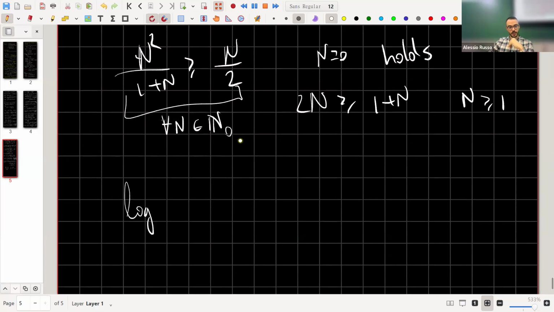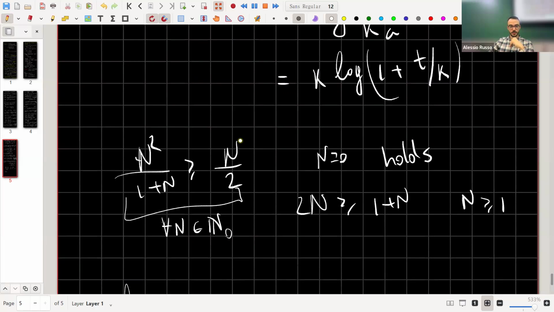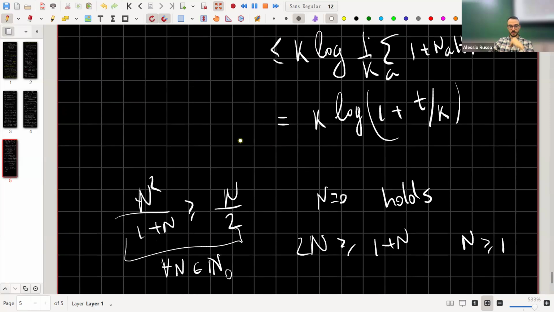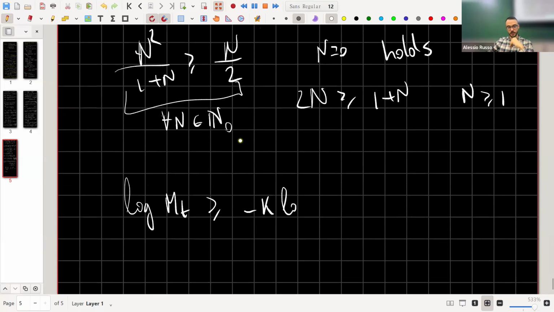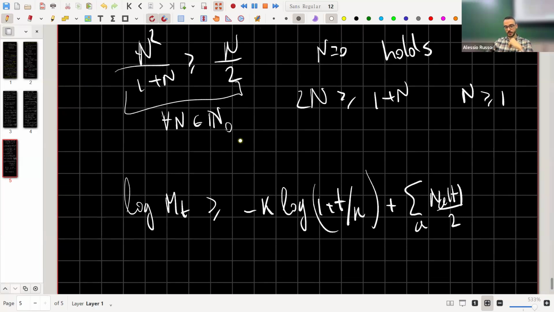So log Mt is lower bounded by minus k log (1 plus t divided by k) plus the sum over a of Nat divided by 2 sigma squared times (theta hat at minus theta a) squared.